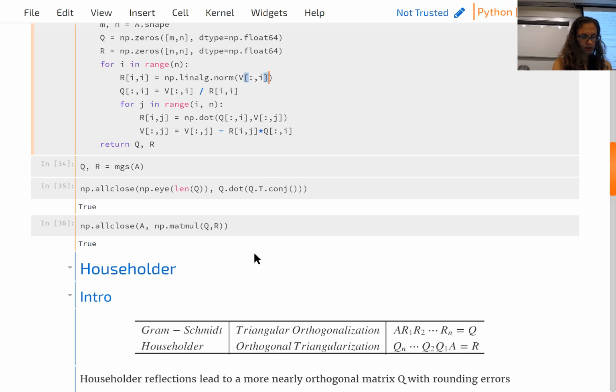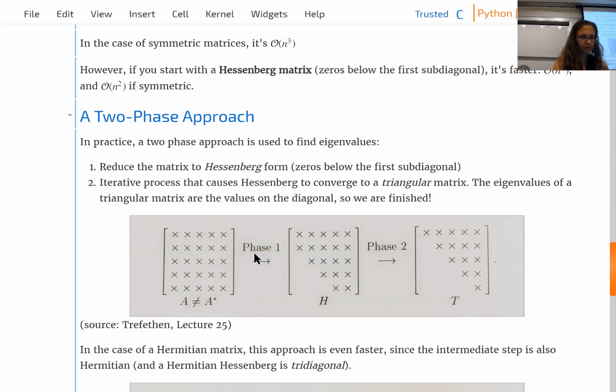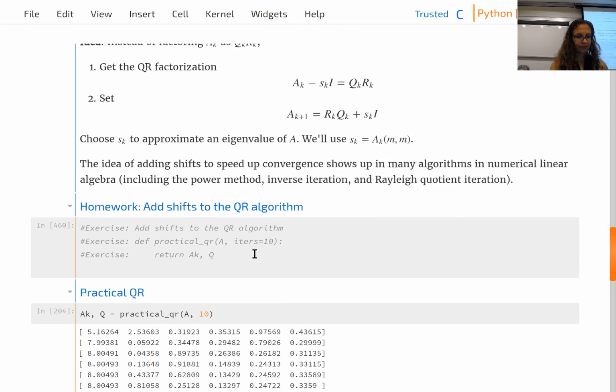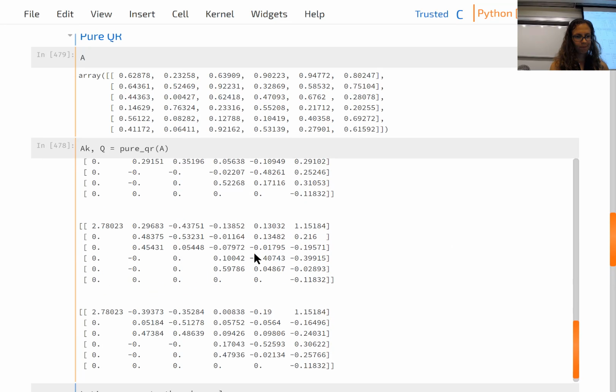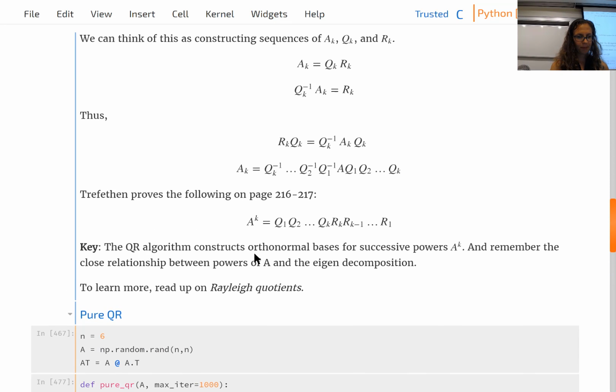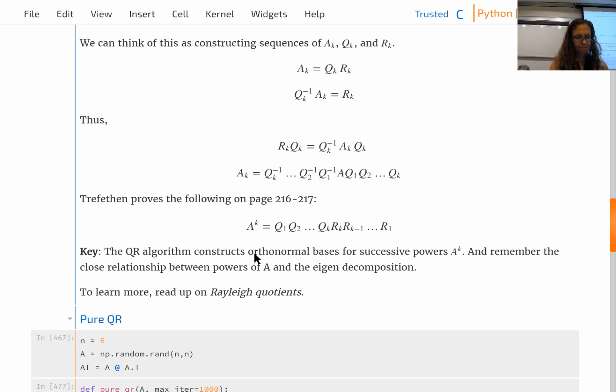Or why it gets more triangular every time you do that RQ? Yeah, I don't have anything off the top of my head, intuition for that in particular.